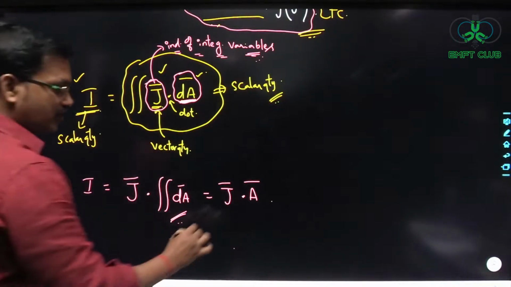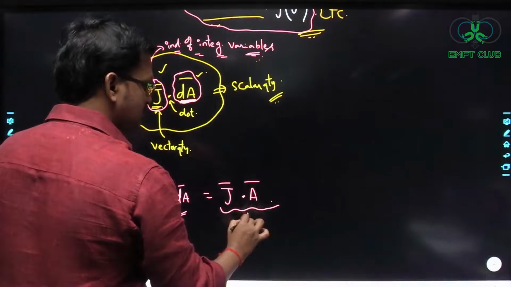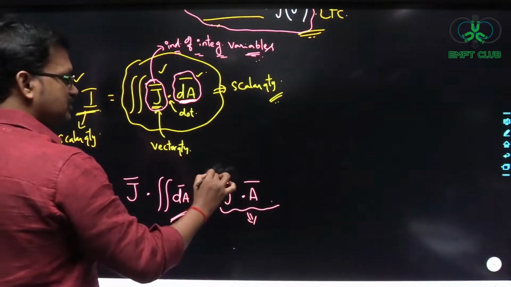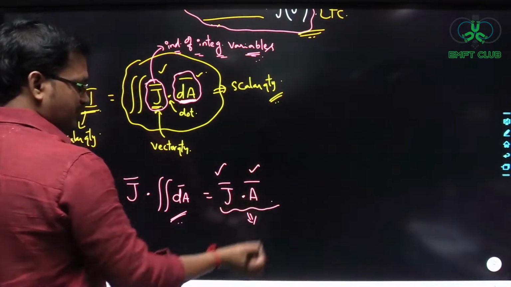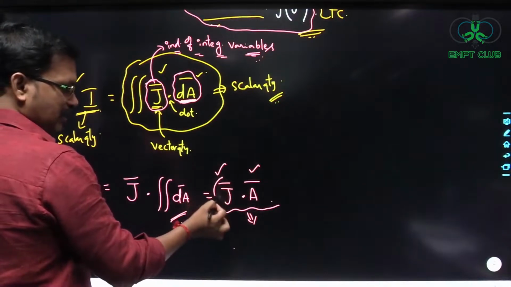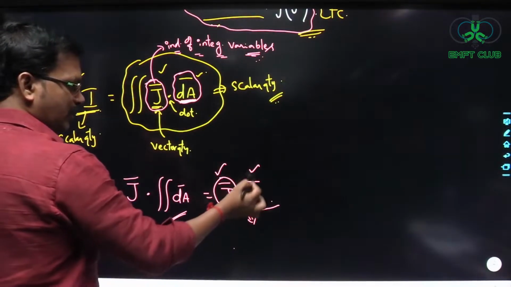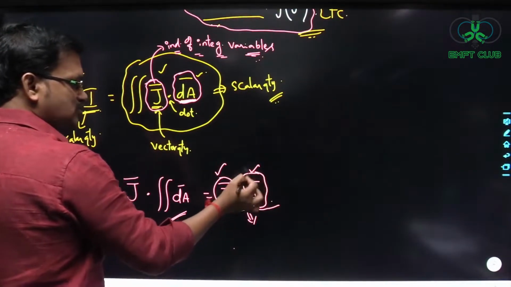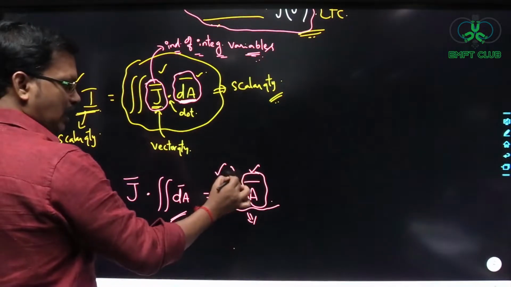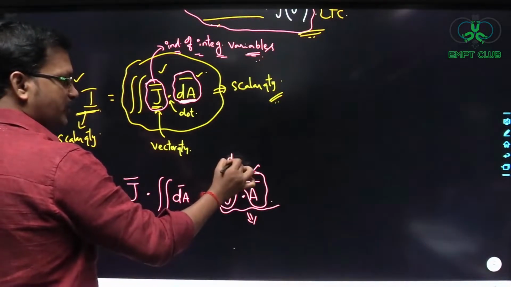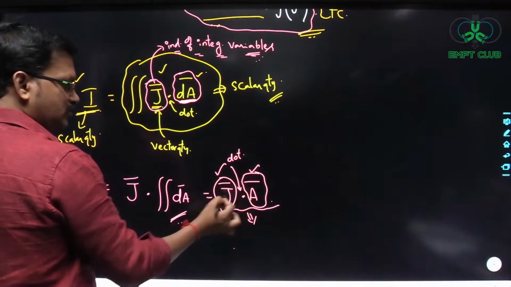So here Z bar dot A bar is the dot product between the current density and the surface area. The current density is a vector quantity and the surface area is also a vector quantity, and we are doing the vector operation, the dot product, between these two vectors.